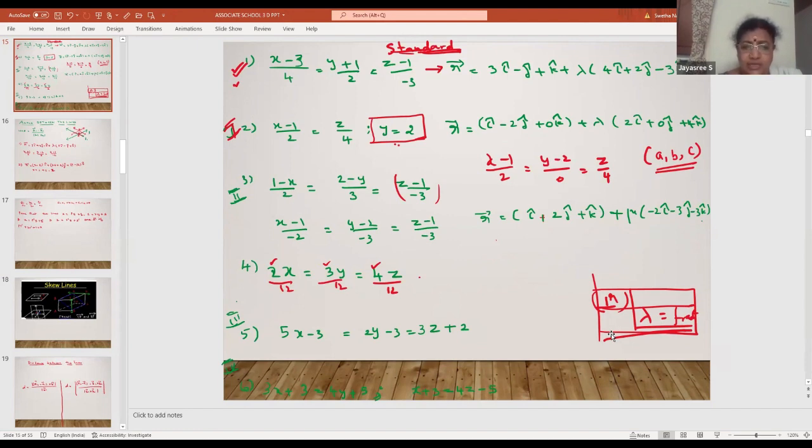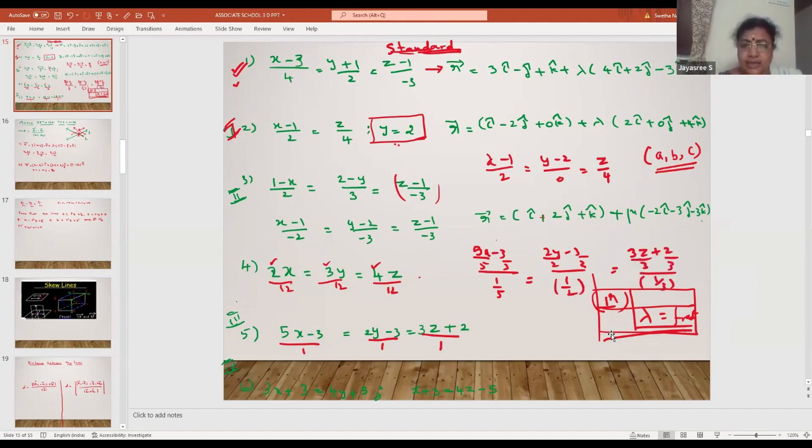So children can divide by 1 and then take the 5 outside, bring the 5 down, or divide the first one by 5, everything by 5: 5x by 5 minus 3 by 5 by 1 by 5, and then 2y minus 3 by 2 by 2 by 1 by 2, then 3z plus 2 by 3 by 3 by 1 by 3.